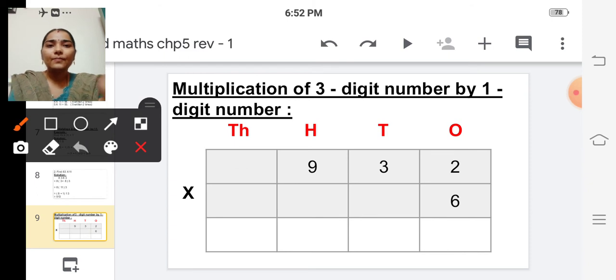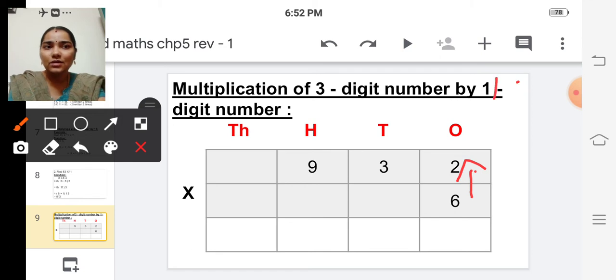Okay. So we have to start from the ones place. Okay. So first multiply 6 into 2. 6 twos are 12, isn't it?